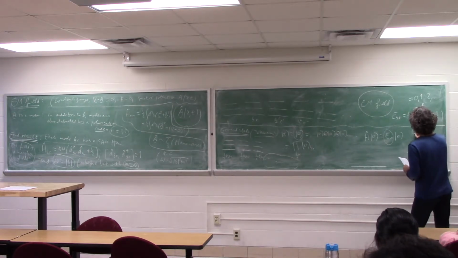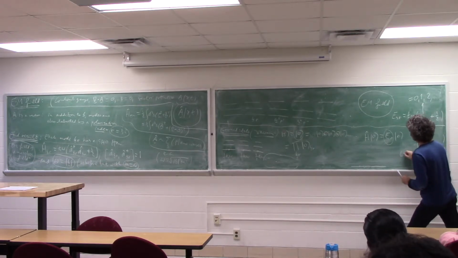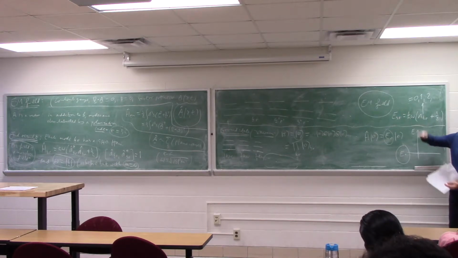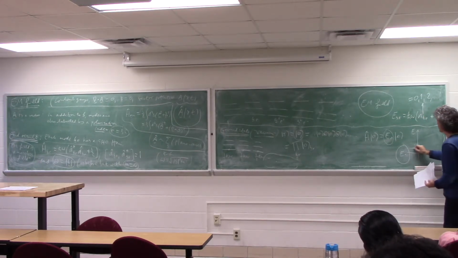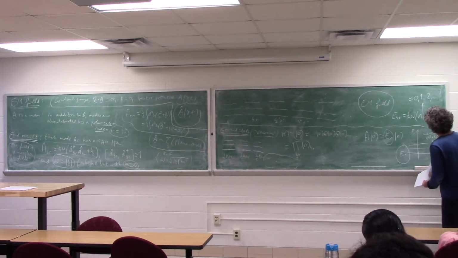We're going to take this value, E0, to be the origin. If you like, we're going to shift the energy by a constant, E0, so that we measure all energies relative to the vacuum.